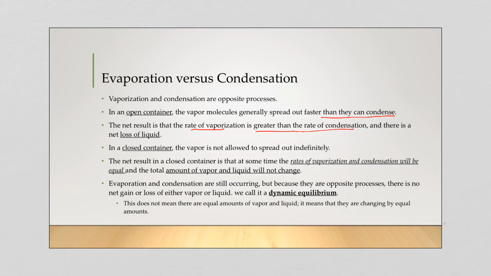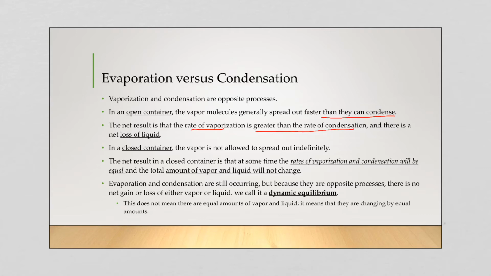Now, a key distinction as we start talking about equilibrium. If you're going on to take Chem 2, we will get much more into equilibrium in that course, but this is our basic introduction to our first idea of equilibrium. When we talk about equilibrium, we have to understand that what's equal is the rates of the two processes.